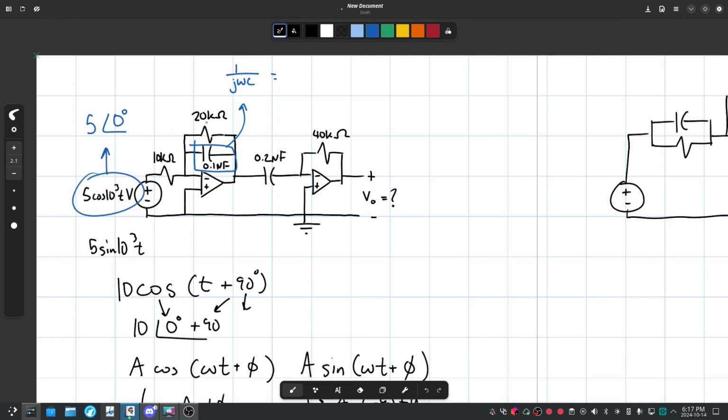Okay, so back to the question. Now we have to convert everything into AC. So we have 1 over jwC. If you put that in your calculator, 1 over j times w, which is 10 to the power of 3, times C, which is 0.1 micro, and micro is times 10 to the negative 6.